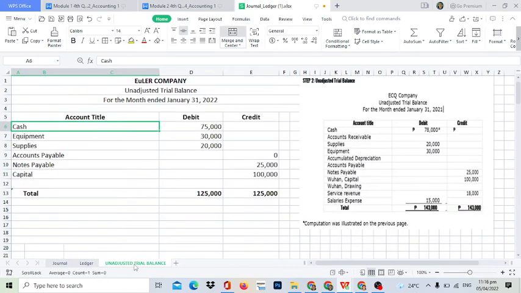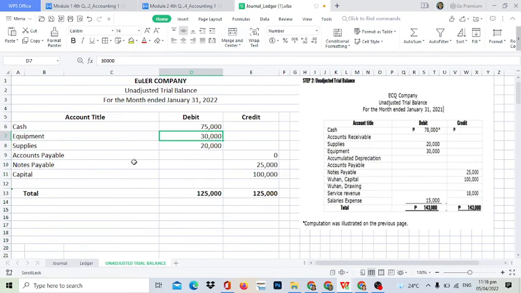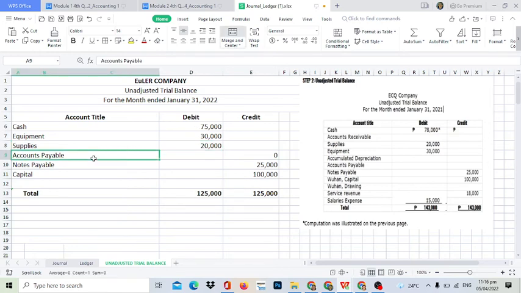Ayan, sorry. 75,000 and then the equipment is 30,000. The total amount of supplies is 20. So, ito pong cash, equipment, and supplies po are assets. And then recorded under debit. Okay, next po is the liabilities, accounts payable, 0.